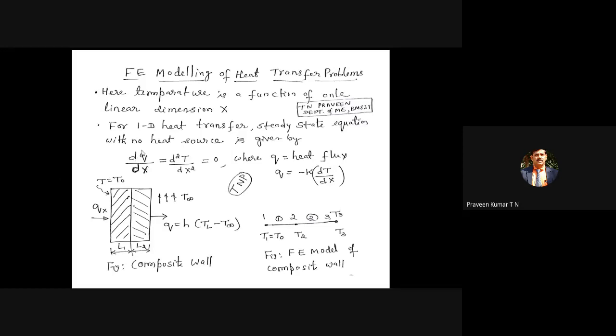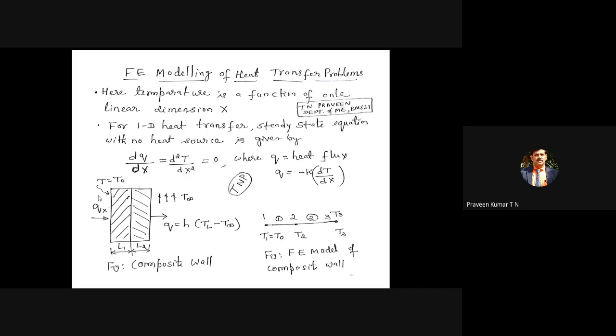Now for 1D heat transfer, the rate of change of heat flux along the x direction, the horizontal direction, is given by dq/dx = d²T/dx² = 0. Heat flows along the x direction.